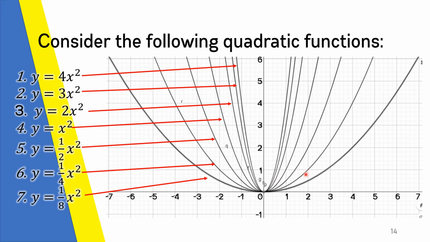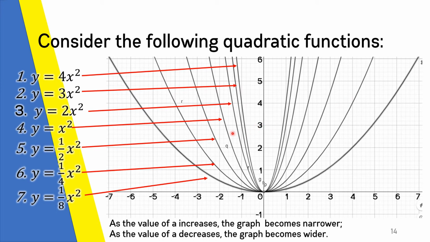So you could see, as the coefficient of x squared increases, the graph goes steeper, and as it gets smaller, it becomes less steep. So in other words, as the value of a increases, the graph becomes narrower.